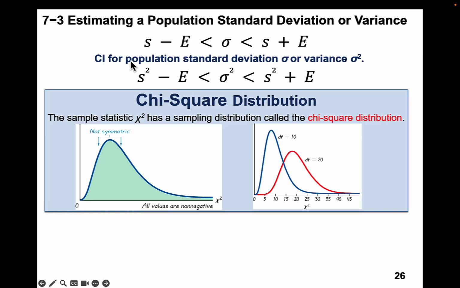And if we are constructing a confidence interval for sigma squared, that would be for the variance. So we have to have s squared for our sample variance and sigma squared for our population variance. Capital E is still the margin of error.